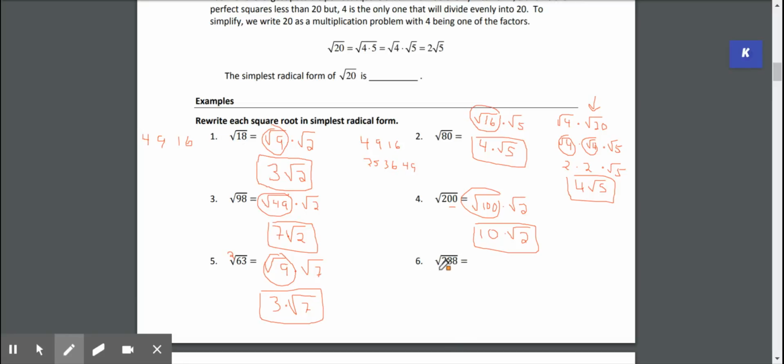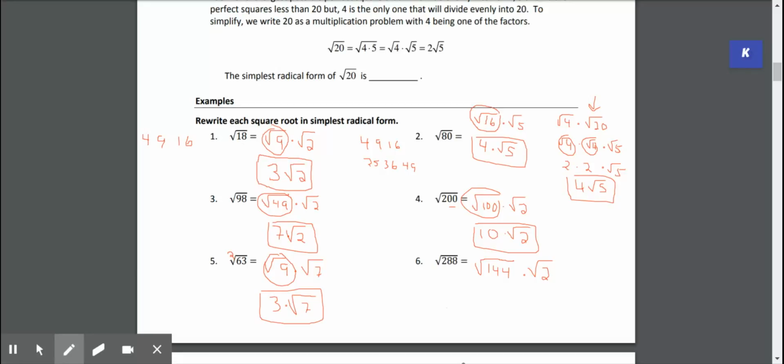Okay, here is square root of 288. I know my tables, so I'm going to break that up into square root of 144 times the square root of 2. Now, I could have gone through my rules of realizing that this is going to be divisible by 4. It's divisible by 4 again. And it's also divisible by 9.